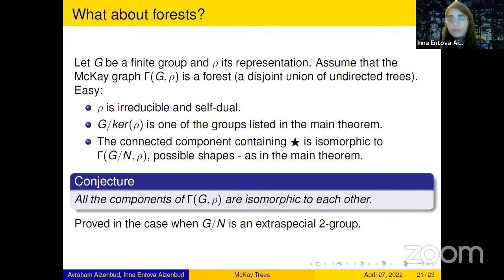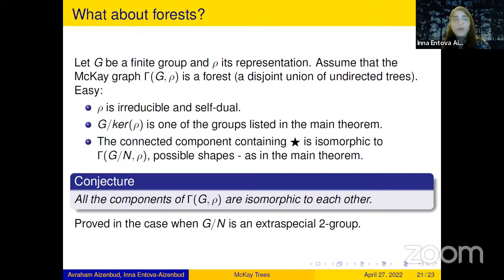So, of course, this way we can build plenty of forests for G's of arbitrary sizes, right? Just by taking one of the groups which we know and taking the product with any other group at all.